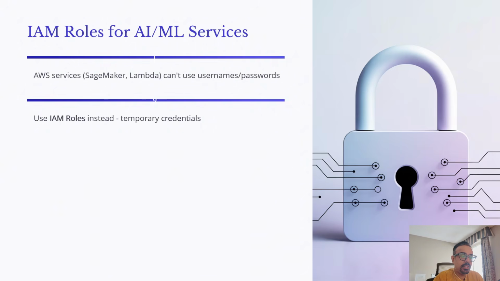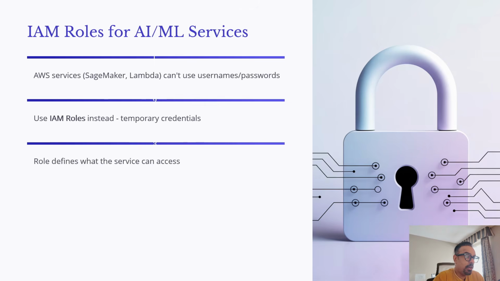Roles provide temporary security credentials that automatically rotate. When a service assumes a role, AWS generates a temporary access key that expires after a set amount of time. This is far more secure than permanent credentials that could be stolen. The role defines what the services can access.